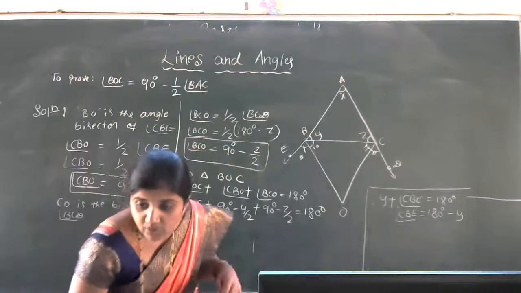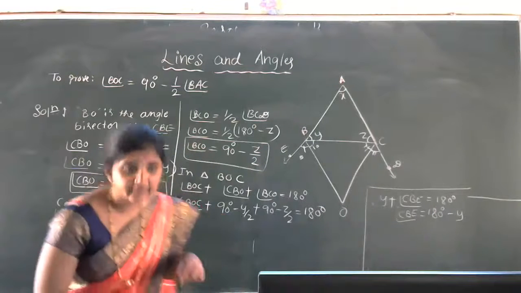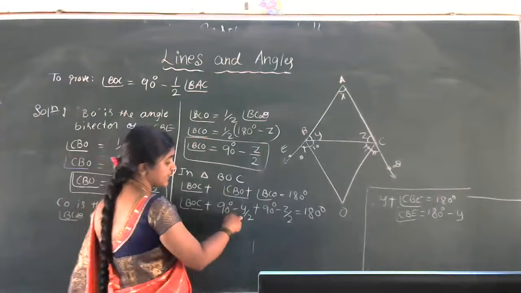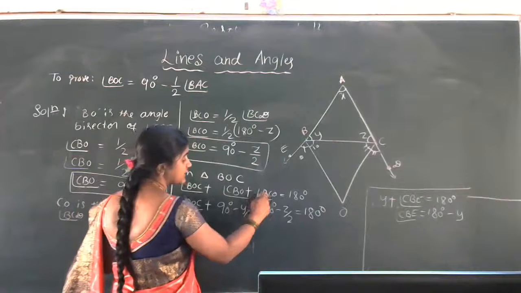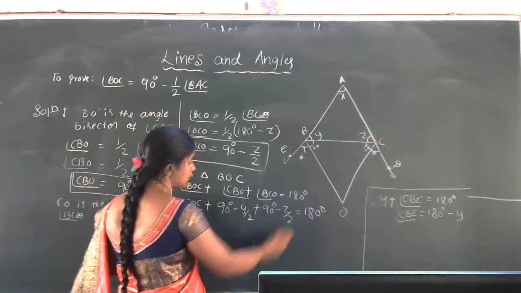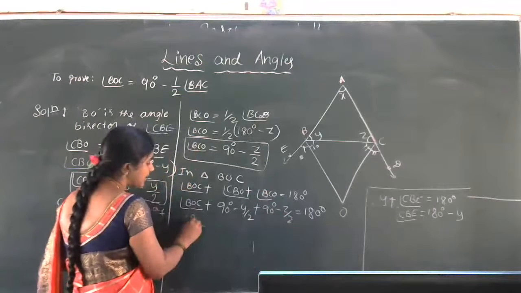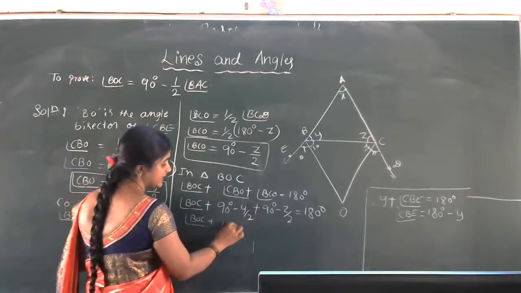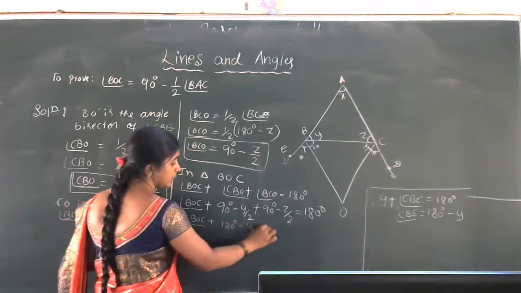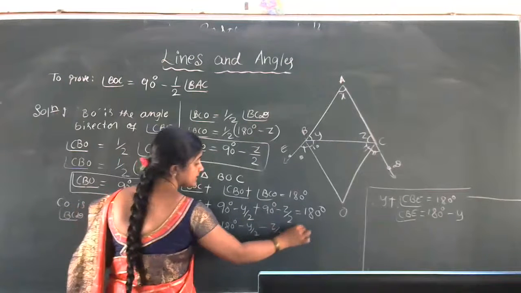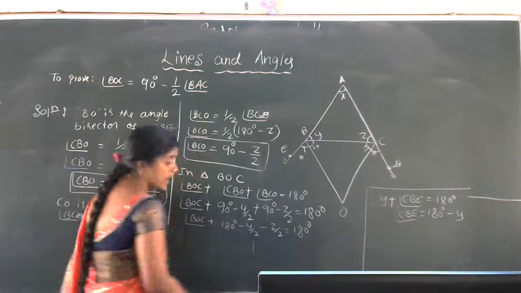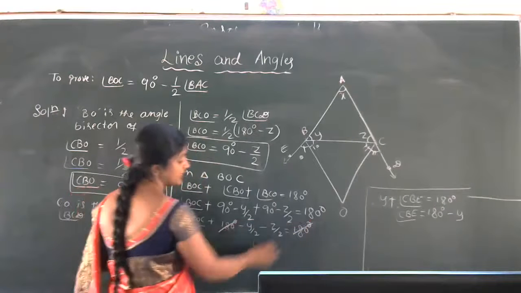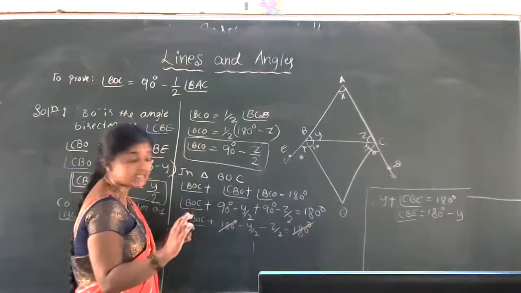Yes. So Sushrita, what is that 90 degrees? See here, this BOC plus CBO, which is 90 minus y by 2, plus BCO, which is 90 minus z by 2, is equal to 180. So angle BOC plus 90 plus 90 is 180 degrees minus y by 2 minus z by 2, is equal to 180 degrees. Up to this you got the idea, no? Now 180 on both sides we can cancel.